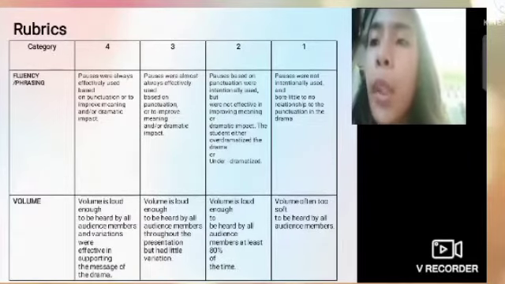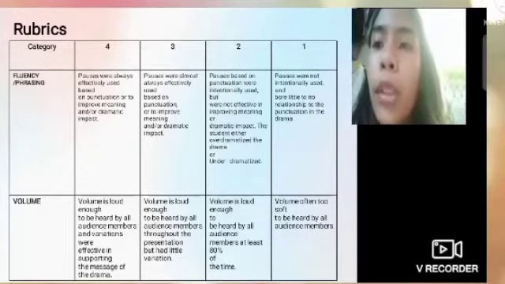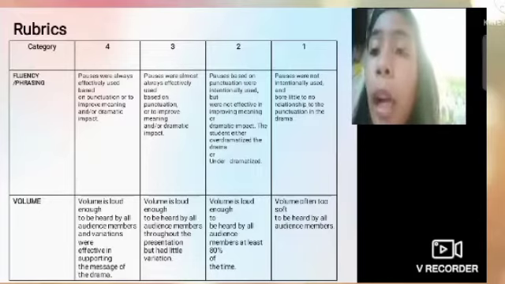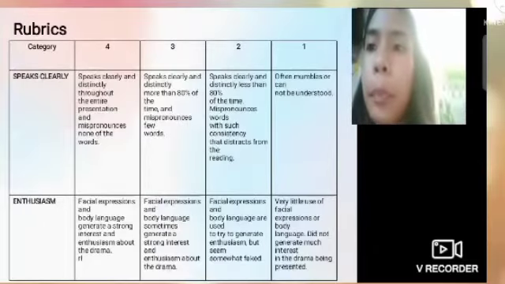Next is fluency and or phrasing. Pauses were always effectively used based on punctuation or to improve meaning and or dramatic impact. Volume is loud enough to be heard by all audience members, and variation was effective in supporting the message of the drama.